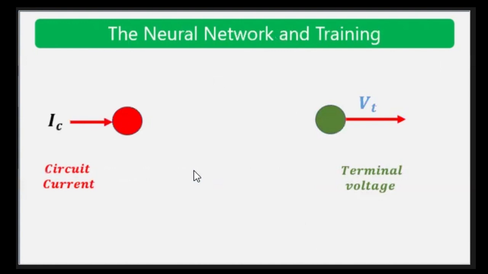Input is going to be IC, output is going to be VT, and our task is to calculate the internal resistance. Then we will have one neuron in the middle, which is a hidden neuron. So this is the neural network architecture that we need to construct to determine the internal resistance. A very simple example: one input layer, one hidden layer, one output layer.